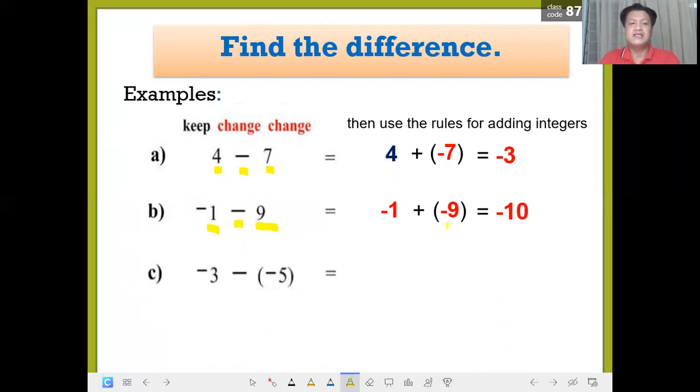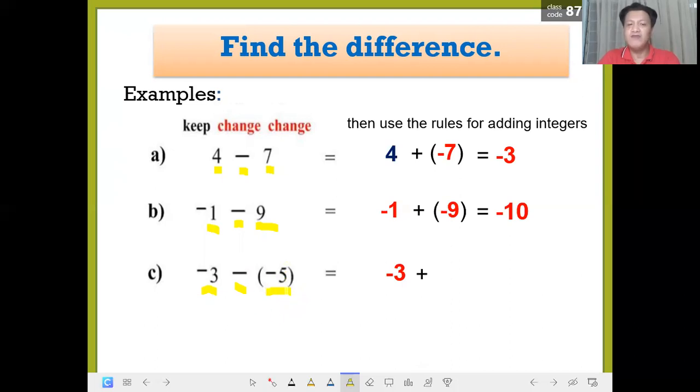Okay, so let's proceed. Letter C. Negative 3 minus negative 5. So yung rule natin, di ba? Keep, change, change. Meaning to say keep. Copy mo lang yung minuend mo. So negative 3 as is. And then change the operation. If this is subtraction or minus, magiging addition or plus na siya. And then change mo ulit yung sign ng iyong subtrahend.